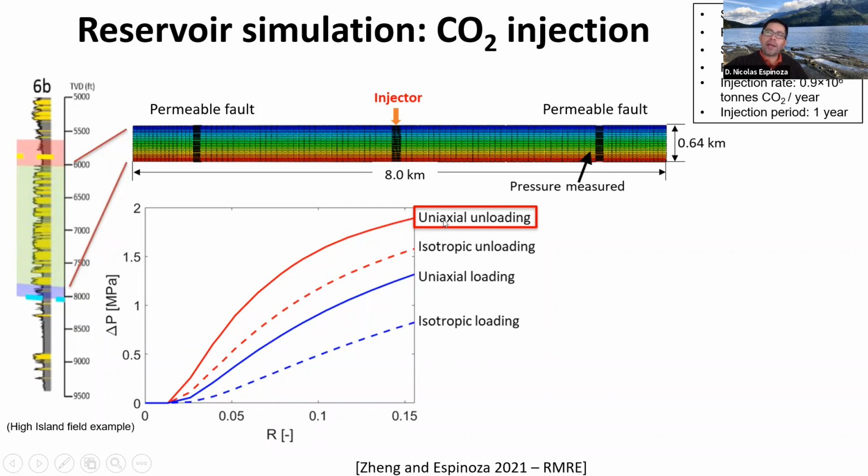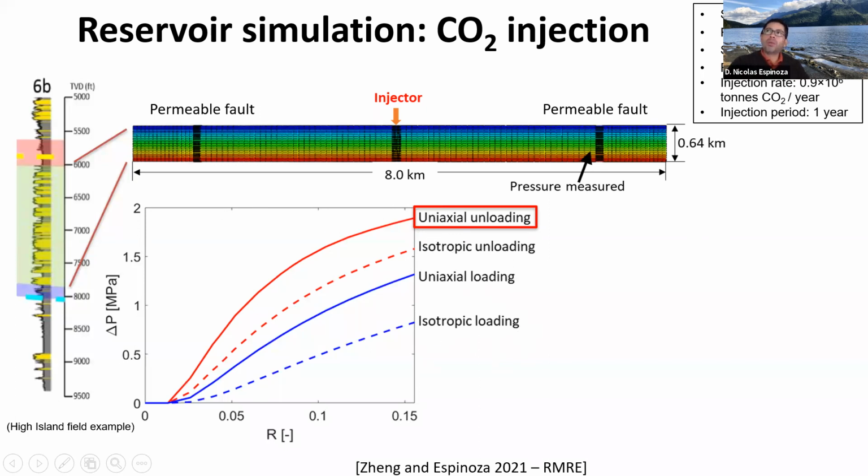But if you use the right compressibility, the increase of pressure is actually twice as much. This is very important because, again, we run into the problem of predicting the storage capacity. If you design a system assuming the pressure is not going to increase as much, and then you go to the field and see that your pressure increases much quicker than what you thought, that's something you probably don't want.